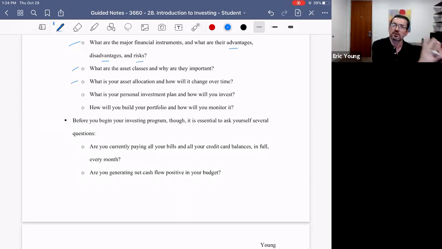But as you move closer to retirement, for example, or near a financial goal, you may need to reduce your risk exposure. You do that by shifting away from riskier assets to more stable assets. Of course, by doing that, you're also inherently shifting away from potentially higher return assets to lower return assets, okay?